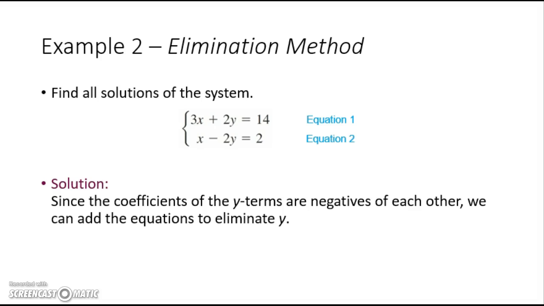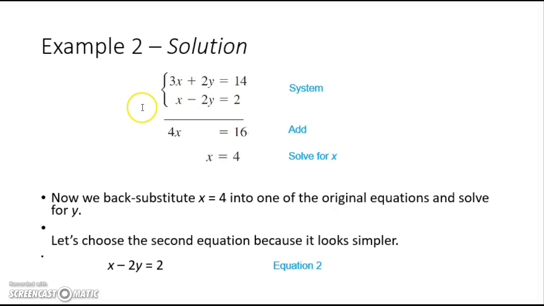So let's use these two equations, 3x plus 2y equals 14 and x minus 2y equals 12. Since the coefficients of the y terms are already negatives of each other, with the same coefficient of 2, we don't have to do the first step of multiplying anything. We're ready to add them together so that we can eliminate y.